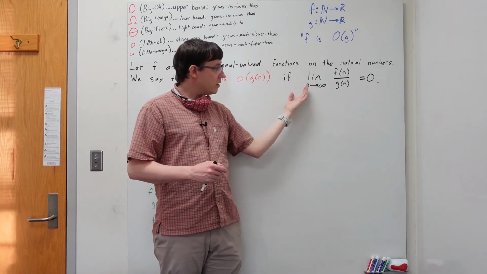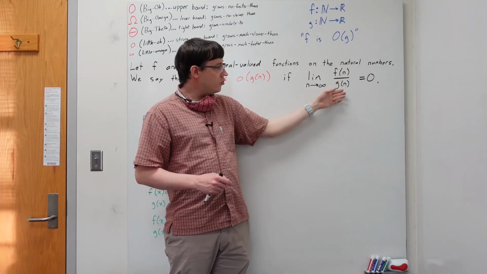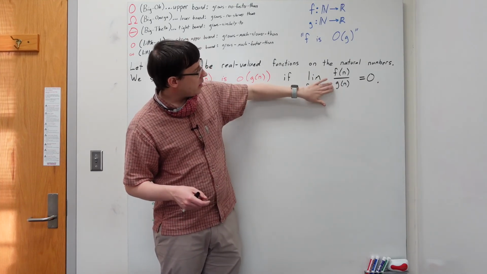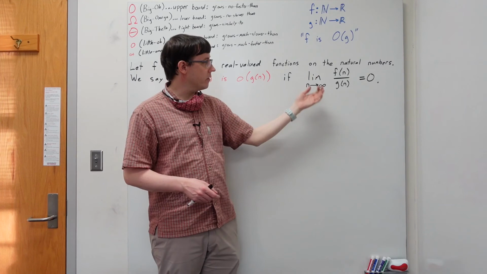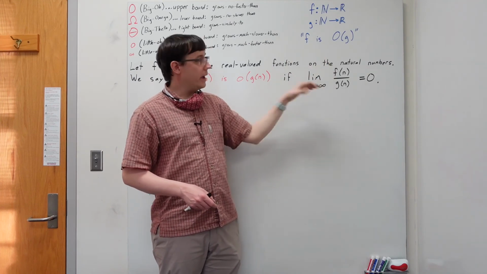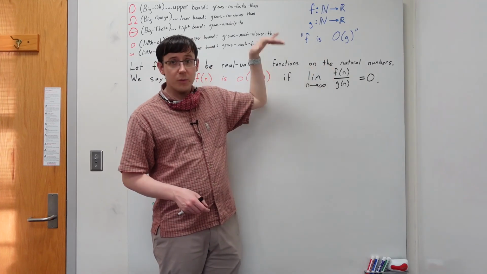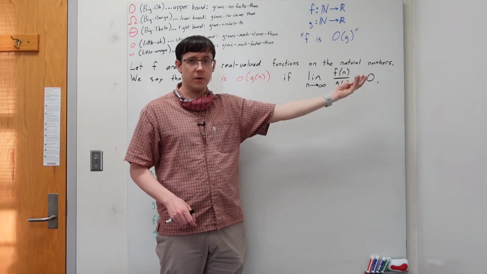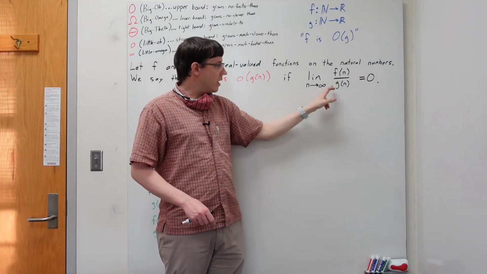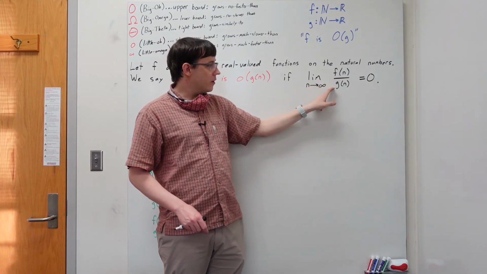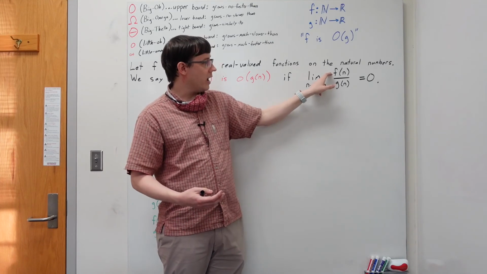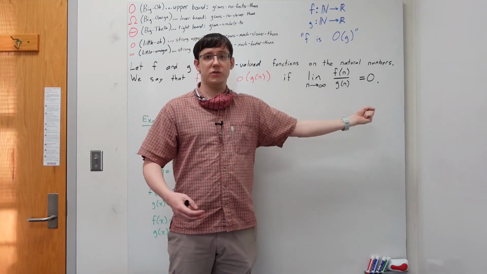If, as n goes off to infinity, g is growing faster than f, then the denominator of this fraction will be growing faster than the numerator, and so this fraction will be getting closer and closer to 0 as n gets larger and larger. So this is saying that the function g grows enough faster than the function f that the limit goes to 0.